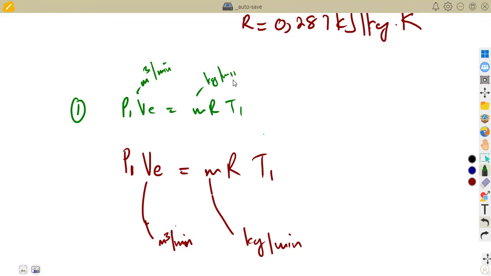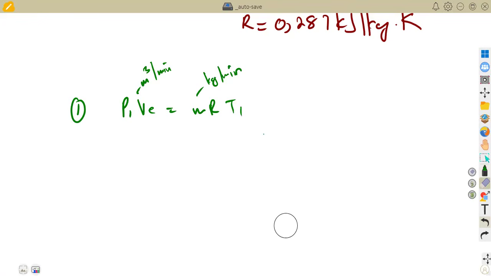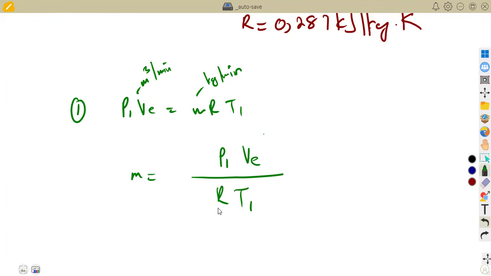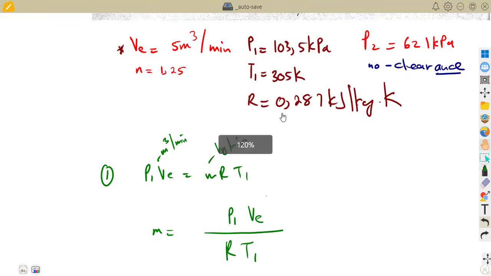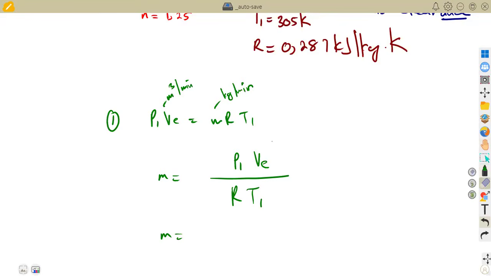Okay, so this is what we saw at the end. So now we can calculate the mass because we can just make m the subject. If I divide by RT1, I'm going to remain with P1 VE over RT1. So the mass is going to be P1, and we are just substituting our pressure as it was before at the inlet, 103.5, times VE.